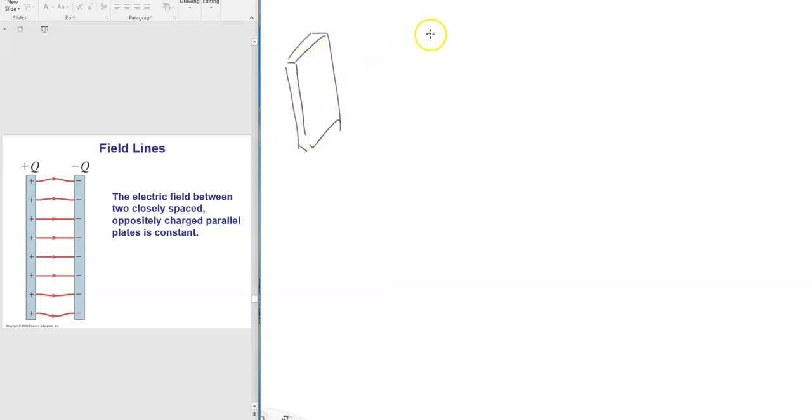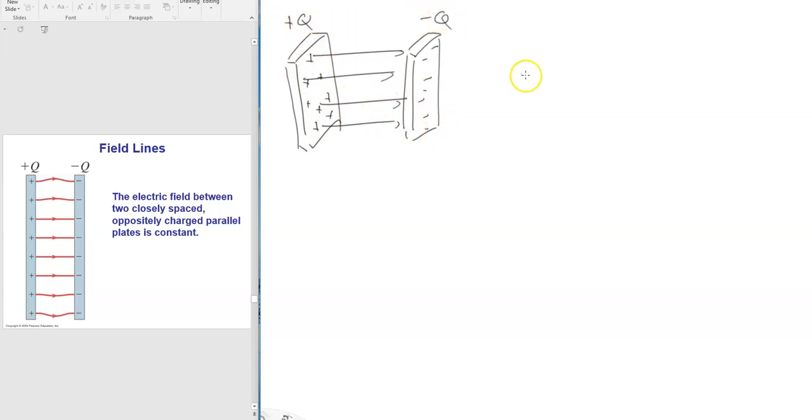Here's a plate. You can place another plate over here. And if one is positive, we remove a lot of electrons to make it positive, and there's a lot of electrons on the other. So it's going to create an electric field from the positive to the negative. This is plus Q, minus Q.